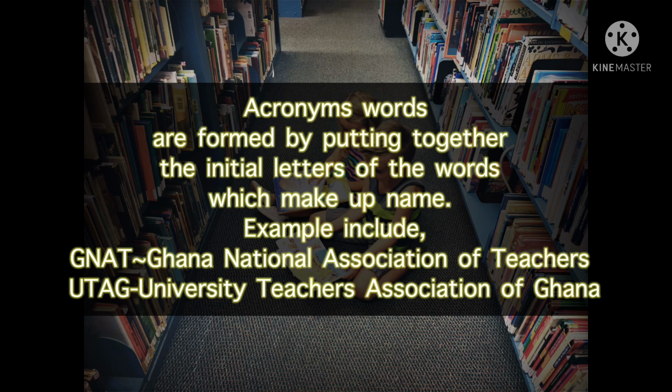Acronym words are formed by putting together the initials of the letters which make up the name. For example, GNAT, which is equal to Ghana National Association of Teachers, and UTAG, that gives University Teachers Association of Ghana.